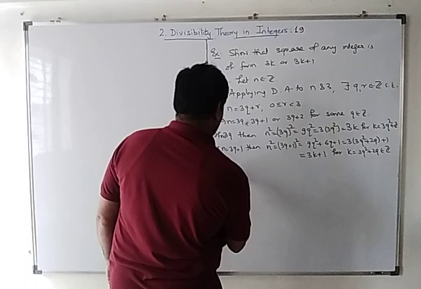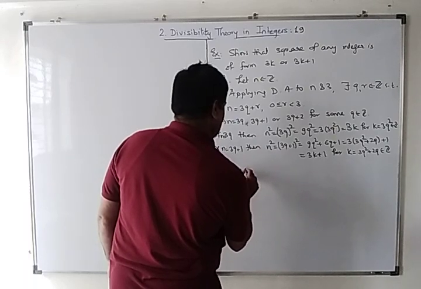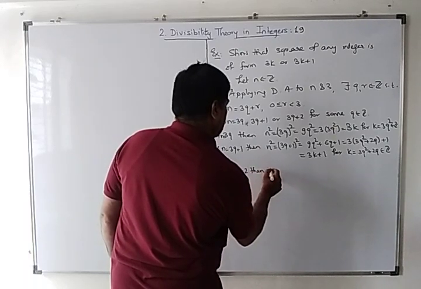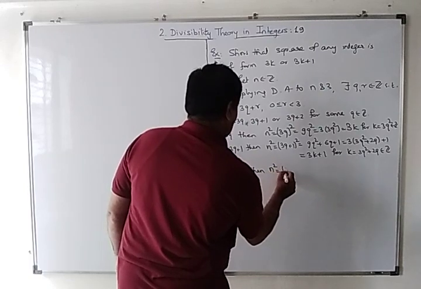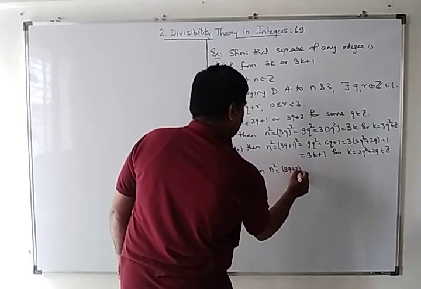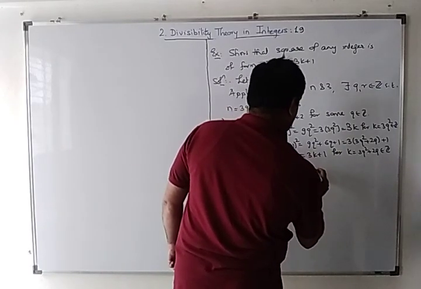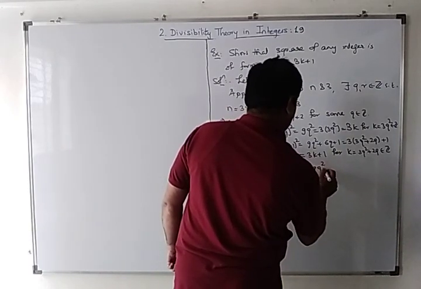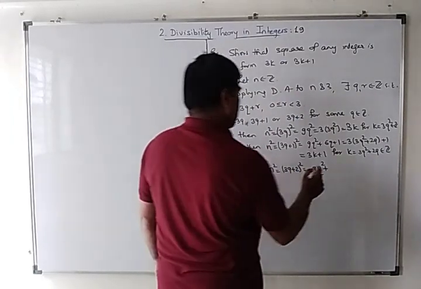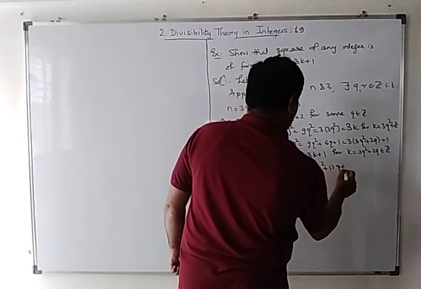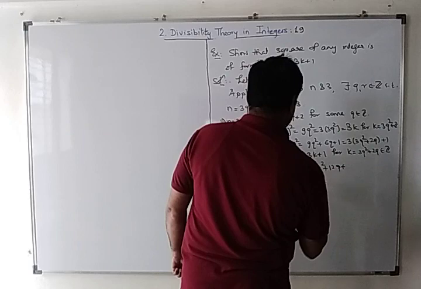If n is equal to 3q plus 2, then what is n square? n square is equal to 3q plus 2 whole square. Taking the square, we get 9q square plus 12q plus 4.